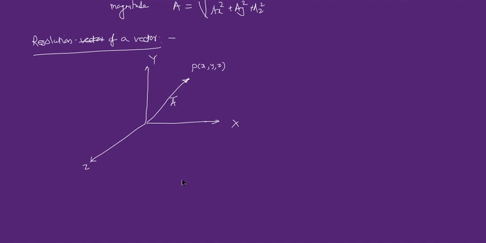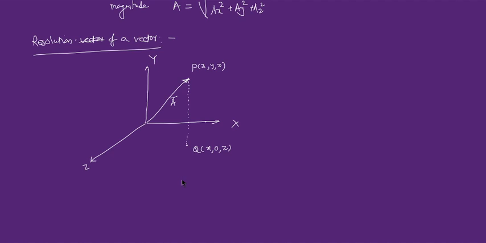Now I can take a point on the xz plane, which is said to be the projection. For example, in this projection the y component is 0, so the coordinates are x, 0, z. This is the projection of point P on the xz plane. Draw a vector from the origin to this point. This vector is said to be the projection of A bar on the xz plane.